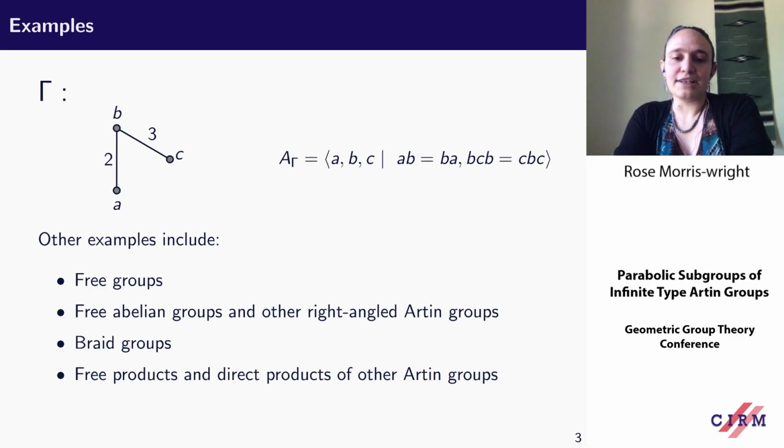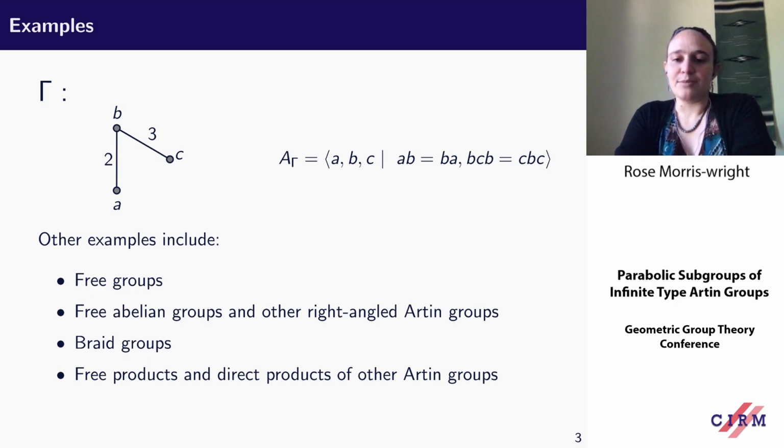Some other examples of Artin groups include free groups. If there's no edges in the graph, then you get a free group. You can also have a free abelian group if all of the edges are labeled 2. If all the edges are labeled 2, or if there's possibly edges missing, these groups are called right-angled Artin groups, and they're a very well-studied subclass of Artin groups.